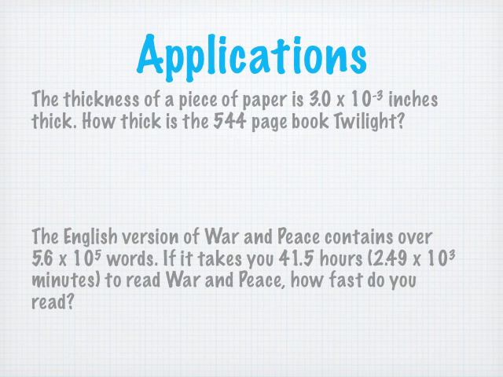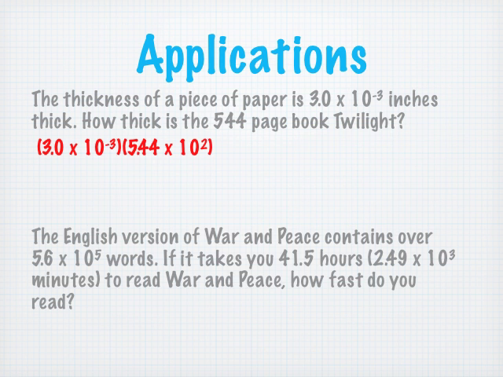Okay, applications. The thickness of a piece of paper is 3.0 times 10 to the negative third. How thick is the 544-page book Twilight? So basically, I've got these two numbers. I need to decide if I'm going to multiply them or divide them, and if I divide them, in which order. I'm going to multiply these, because it's that thick per page, so I'd want to multiply by 544 pages.